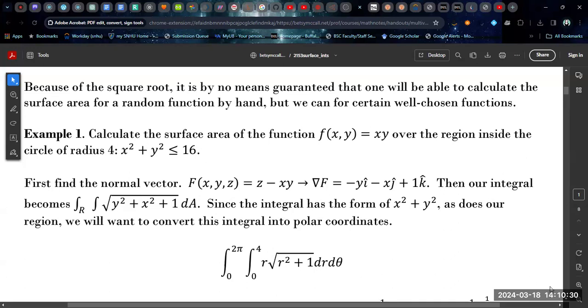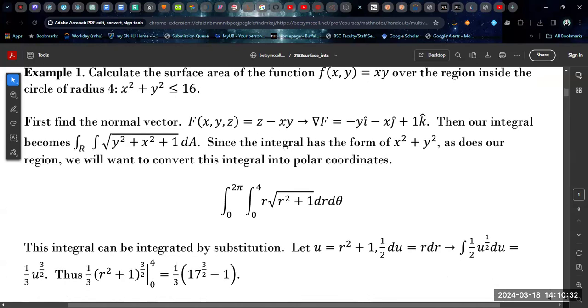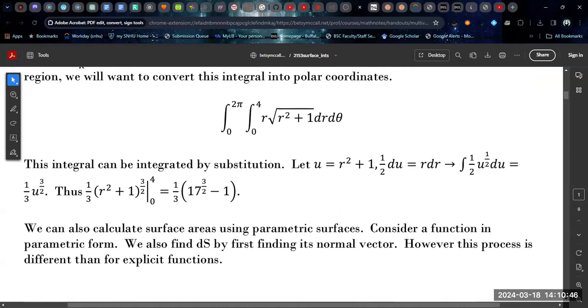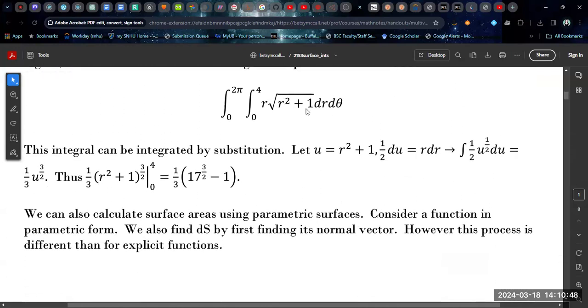So we're going to convert this to polar form. x squared plus y squared is r squared. We get r dr d theta. Our circle is from 0 to 4 and 0 to 2 pi. This is just an easy substitution problem. We let u equal the thing under the radical, and r dr is 1/2 du.